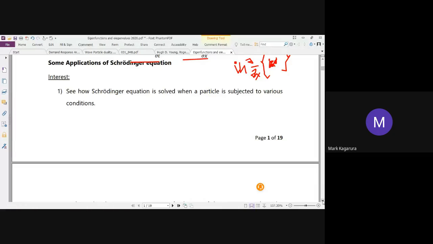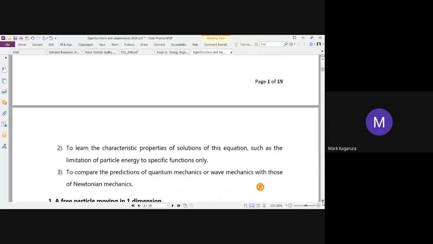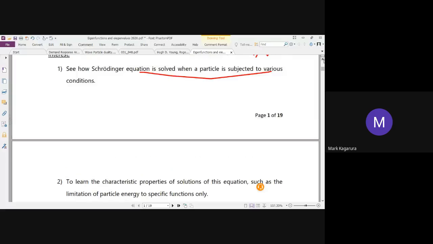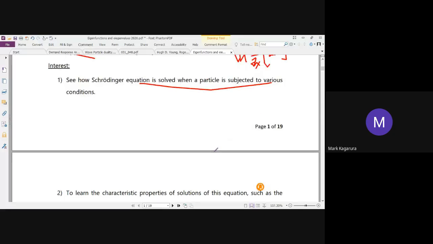Now, we're saying that these are applications of the Schrödinger equation, and we'll see how the Schrödinger equation is solved and how the particle is subjected to various conditions.